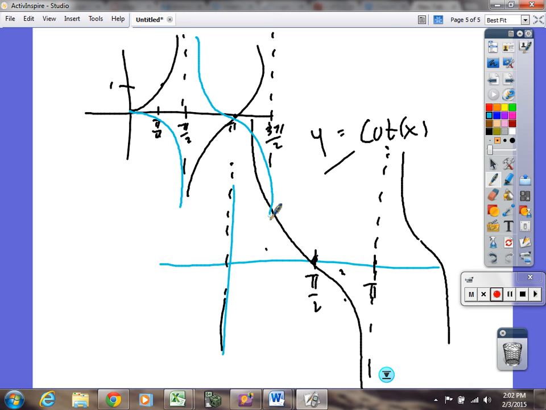Now you could say negative tangent and cotangent are shifts of each other. Does that make sense what I'm saying? You could say negative tangent of x is equal to cotangent of x minus pi half. You could say that. You know what I mean?